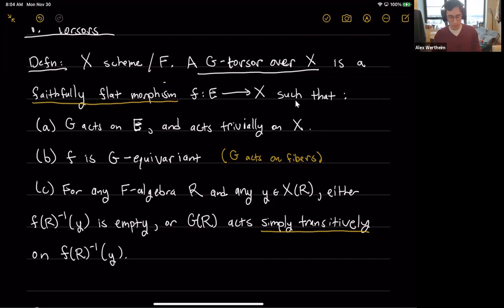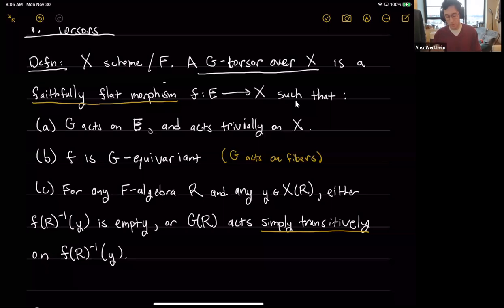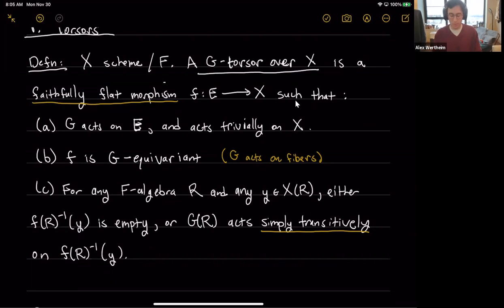And the third condition concerns how nice that action looks. It says that for any F-algebra R and any point y in X(R), the fiber over y is either empty or the group G_R acts simply transitively on the fiber. So all of the fibers somehow look like a copy of G_R as far as G_R-sets go.